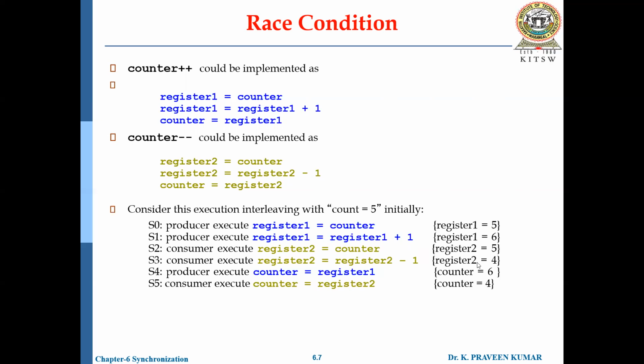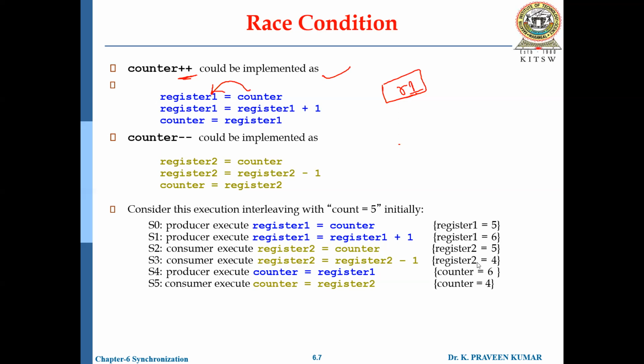So in the race condition, if you see here, counter++ could be implemented like this. The counter value will be stored in a register called R1, then register1 = register1 + 1.